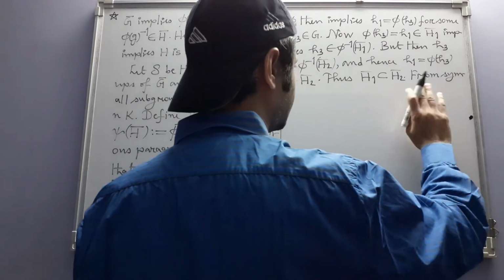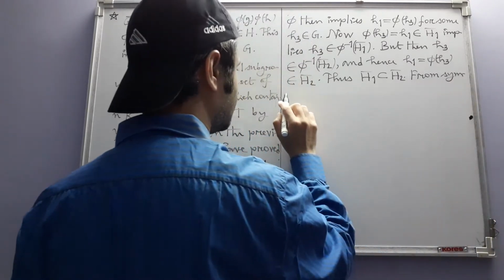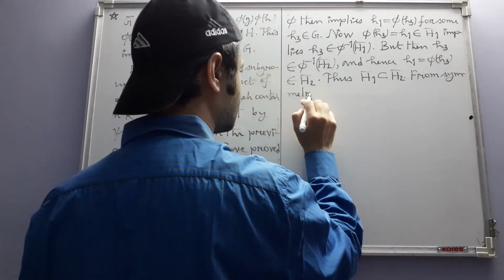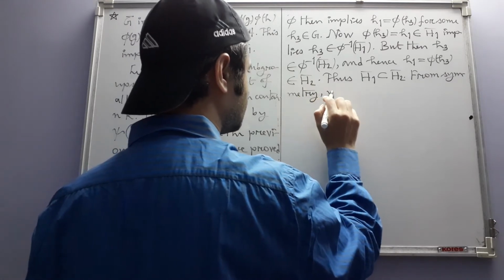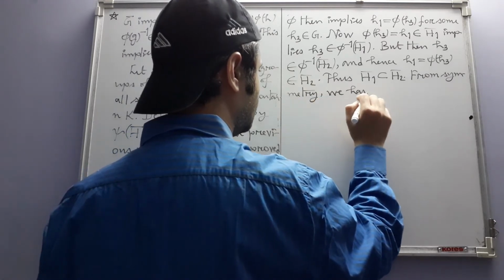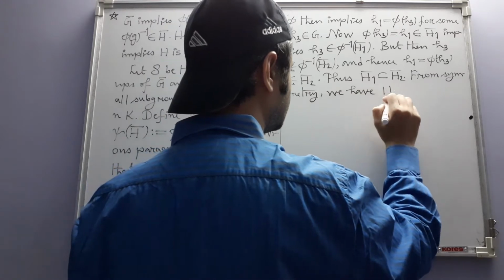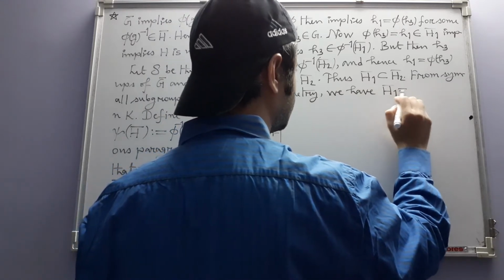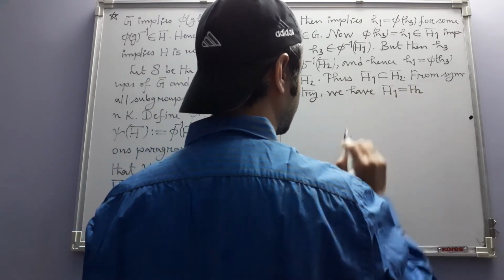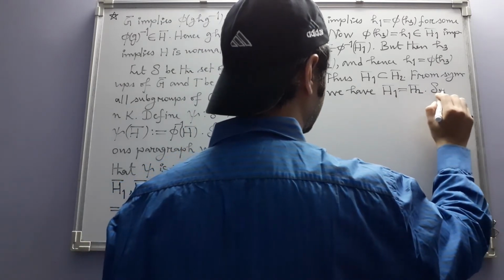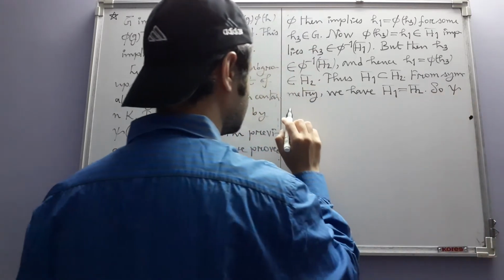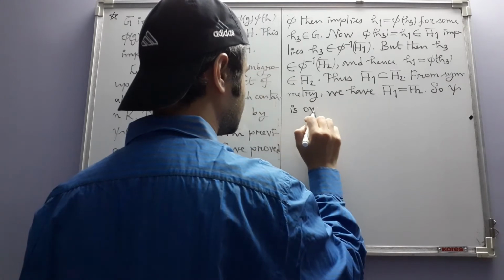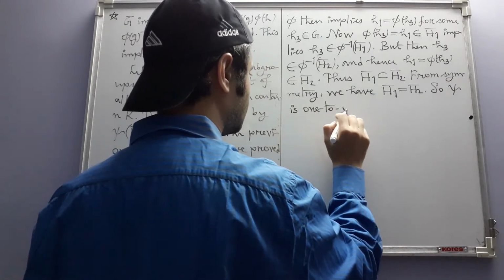So instead of writing those things, we just simply write: from symmetry, we have H1 bar equal to H2 bar. So our function psi is one to one.